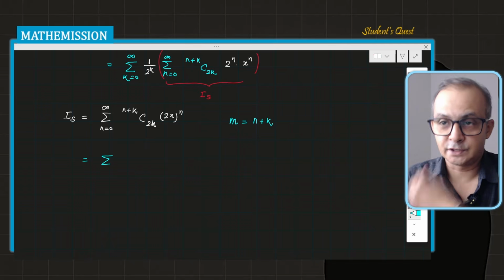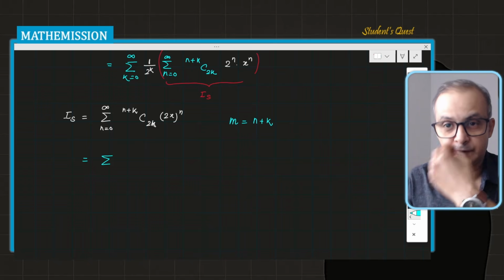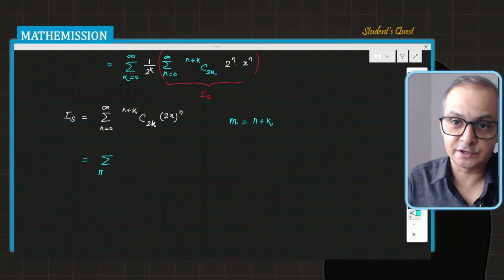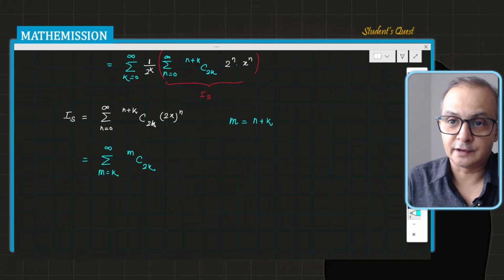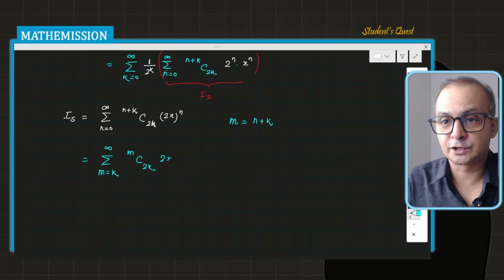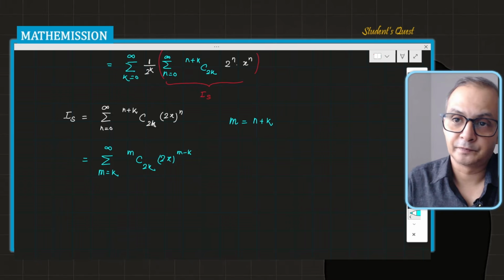When n was 0, the m will become k. So I can write the m is starting from k and going to infinity, but n plus k will become m, and this is C 2k, and here (2x) to the power n is going to be m minus k.